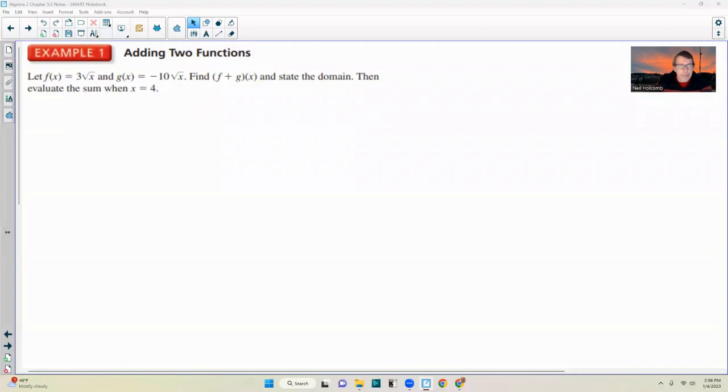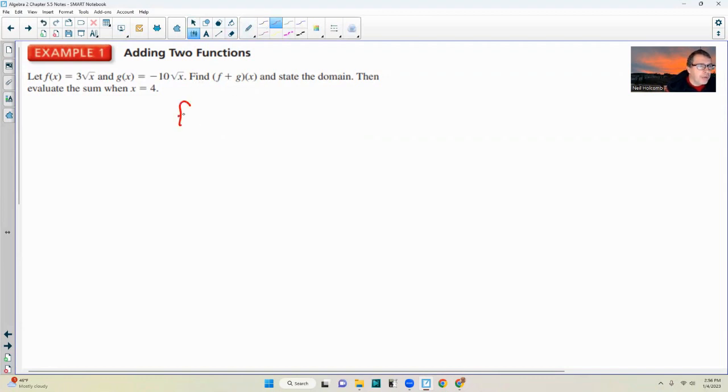Okay, so now we have example 1, adding two functions. Let f of x equal 3 times the square root of x, and g of x is -10 times the square root of x. They're asking us to find f plus g of x.